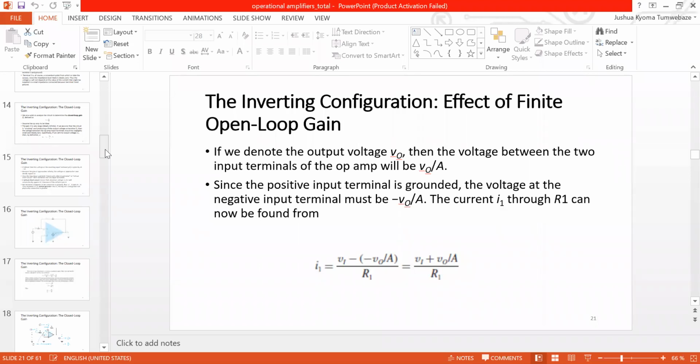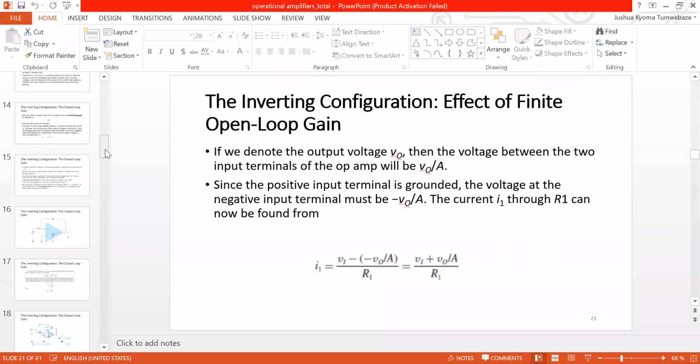If I set V2 to 0 in that equation, and I want V1, where V1 is the voltage at the inverting input terminal, then you see that your V1 will be equal to V0 over A.